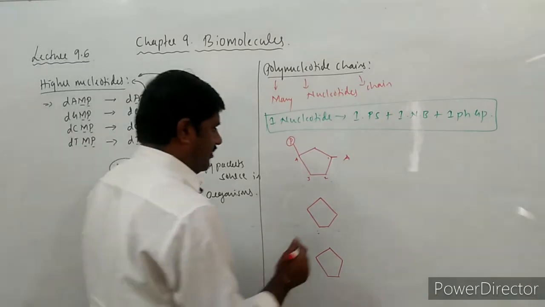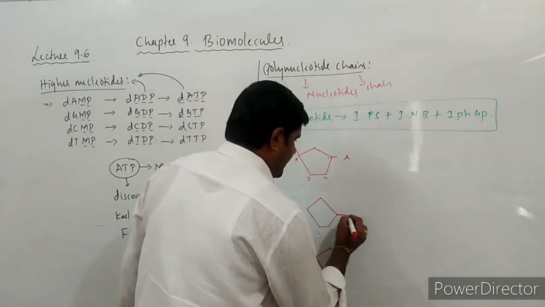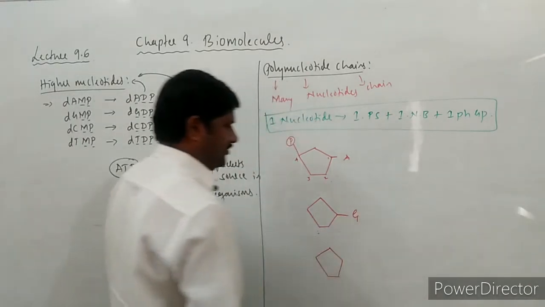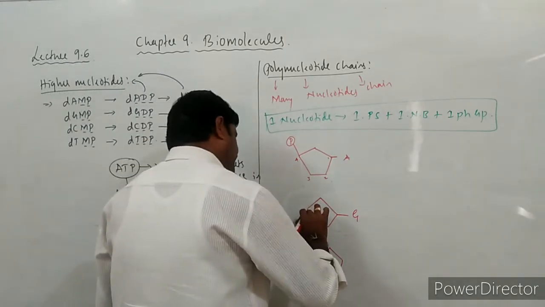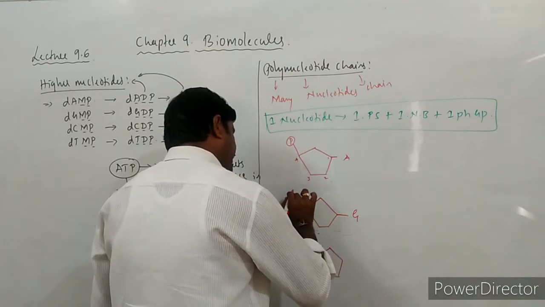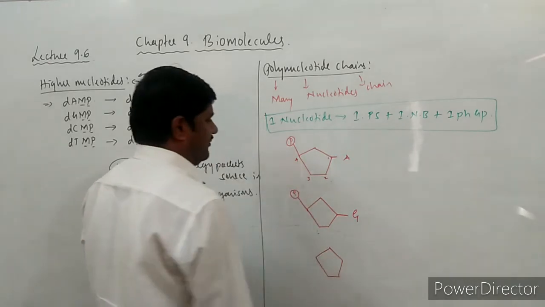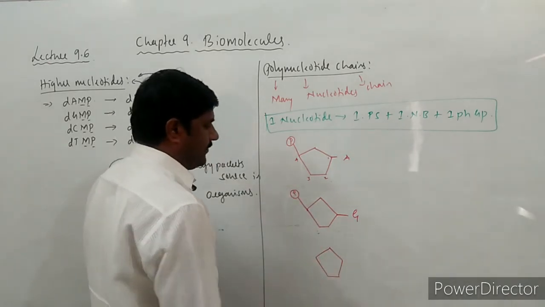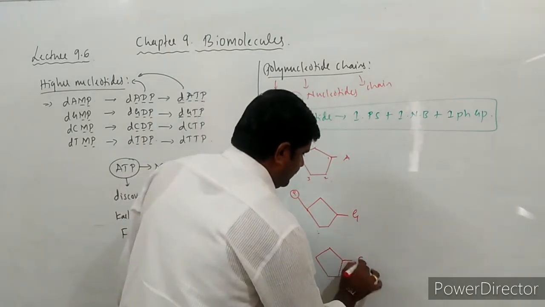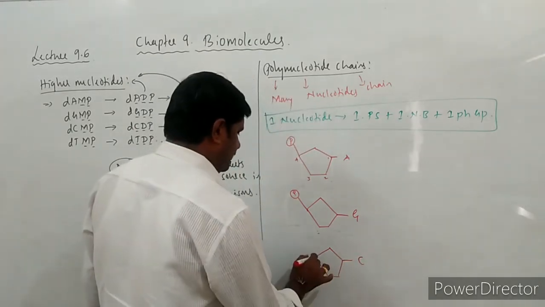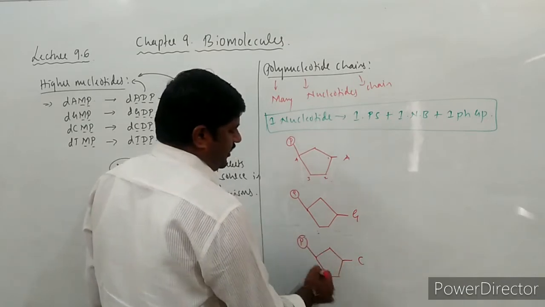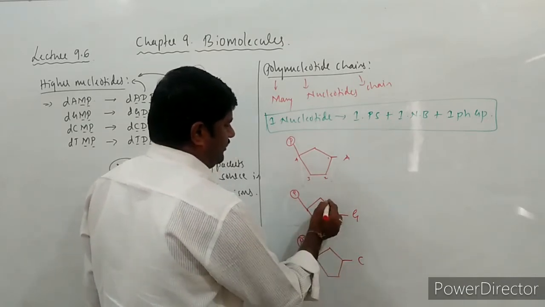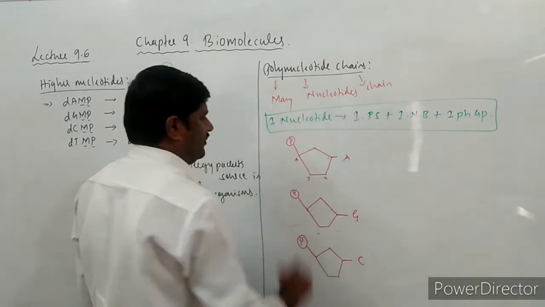Simply we can draw. See here, on the first carbon atom, one more nitrogen base is added. On the fifth carbon atom, one phosphate group is added. And here also the same, one nitrogen base, one phosphate group. This is one nucleotide, this is another nucleotide, this is another nucleotide.